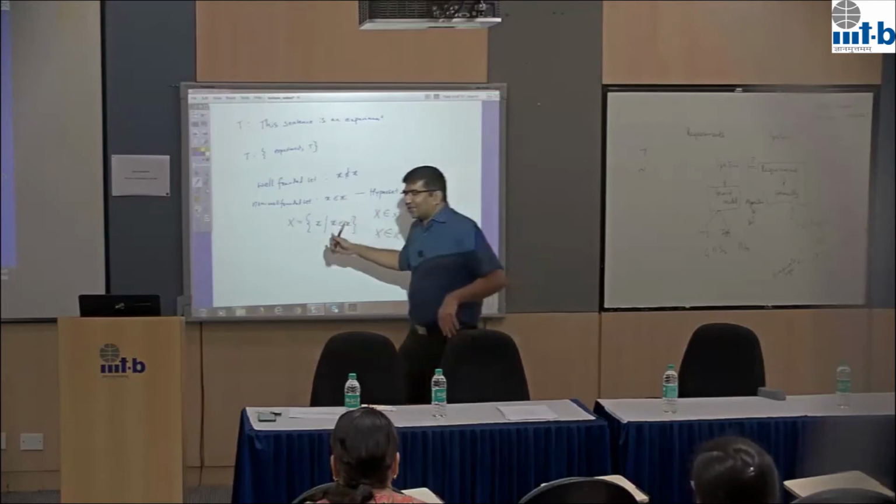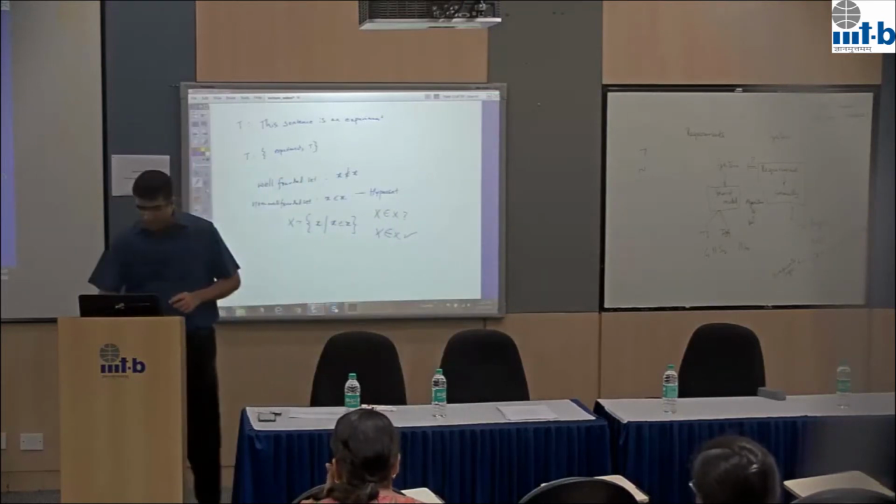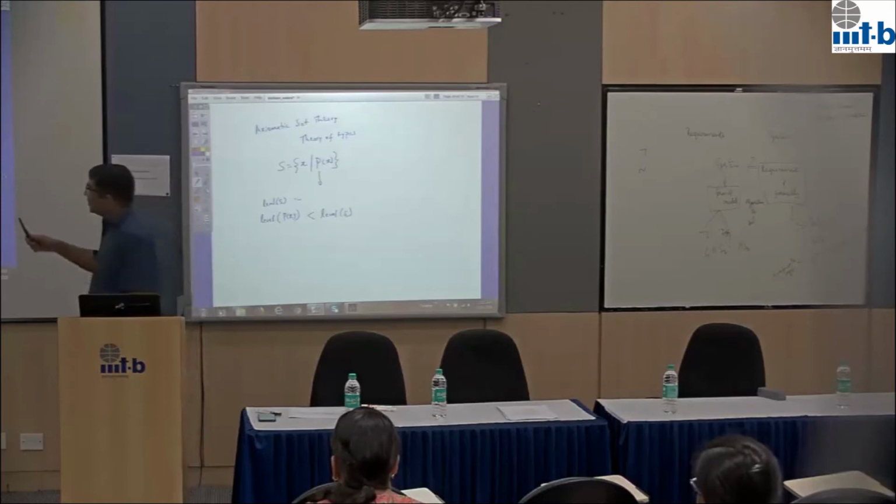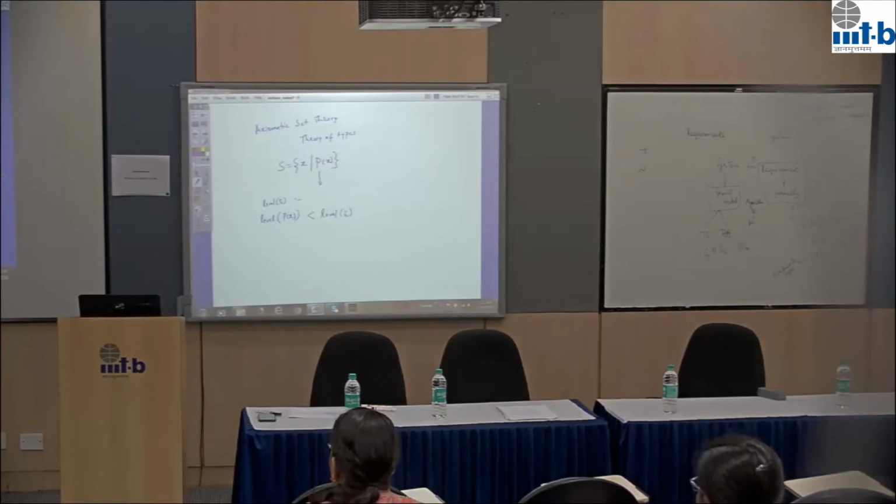So it basically says that every set has to be defined from elements which are of a lower type level. So the type representing a set represents a particular level of abstraction, right? So everything else has to be built from lower levels of abstraction.